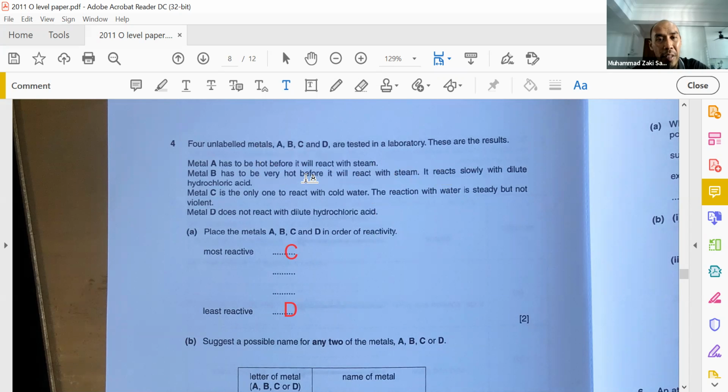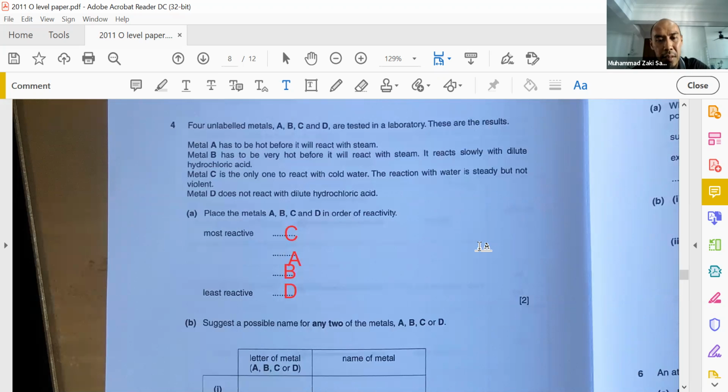For B, very hot. That shows that B is less reactive, right? B must be very hot, then it can react. A only needs to be hot. So next to the last should be B. Then you are supposed to suggest the name of a metal.